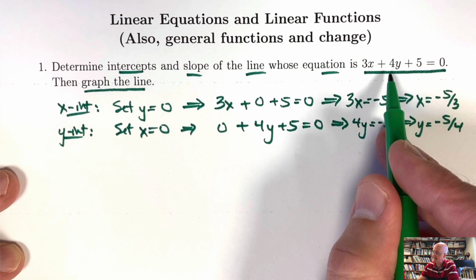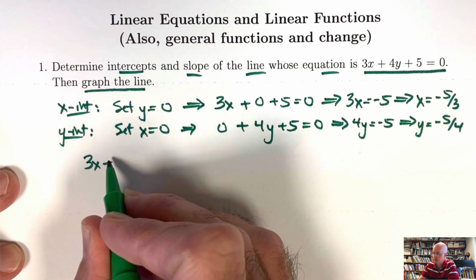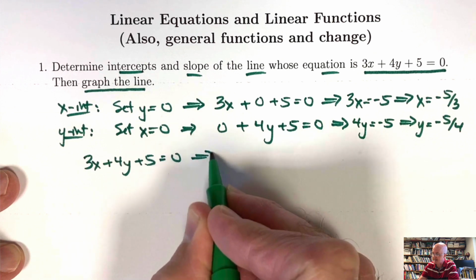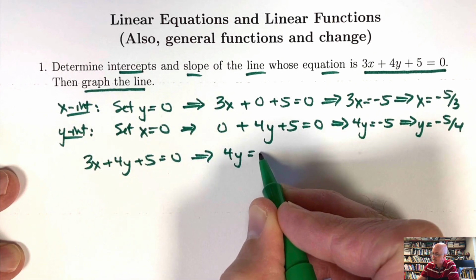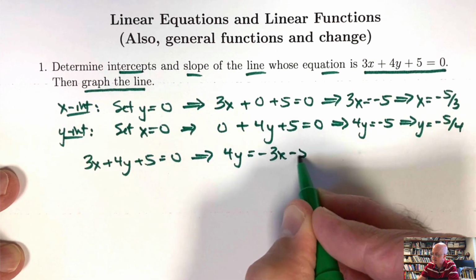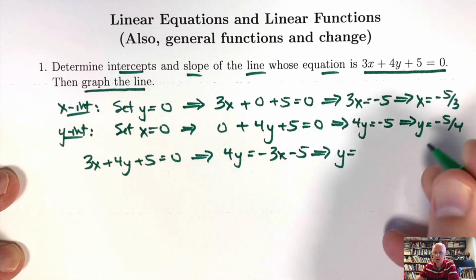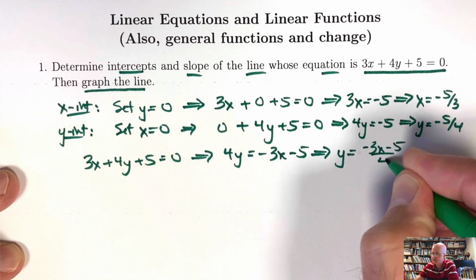So I'm going to subtract 3x from both sides and also subtract 5 from both sides. I can write 3x plus 4y plus 5 equals 0 implies 4y equals, after cancellation on the left, negative 3x minus 5. Then divide both sides by 4. I can write y is negative 3x minus 5 all divided by 4.